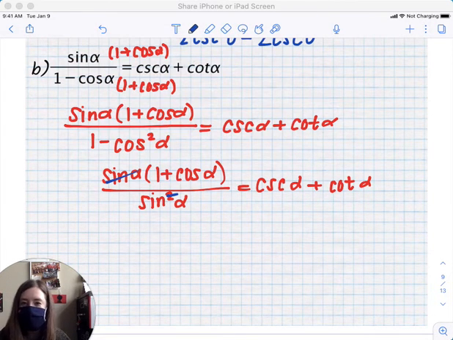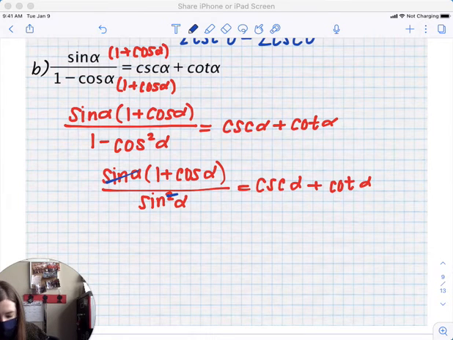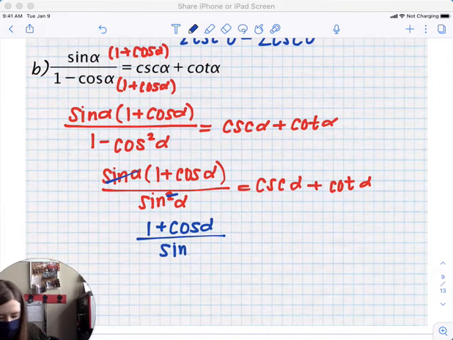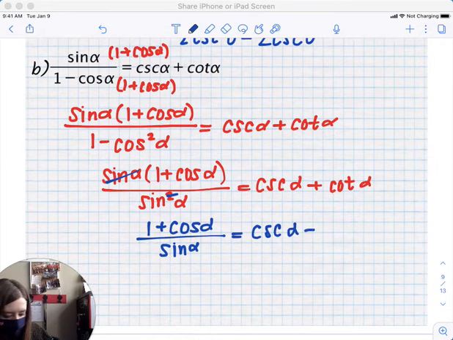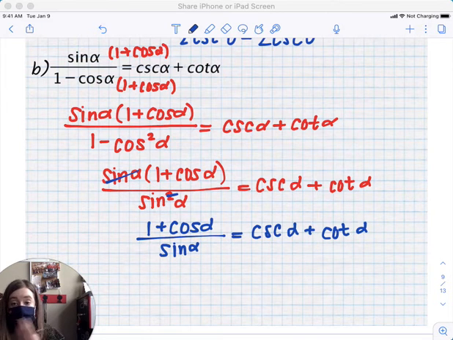There we go. So now we have 1 plus cosine of theta, or I'm sorry, alpha, all over sine. So now we're going to take that fraction we have and split it up. Remember, to add together, they have to have common denominators.